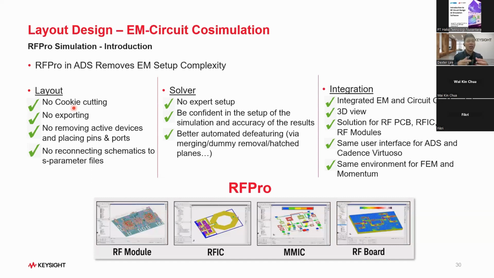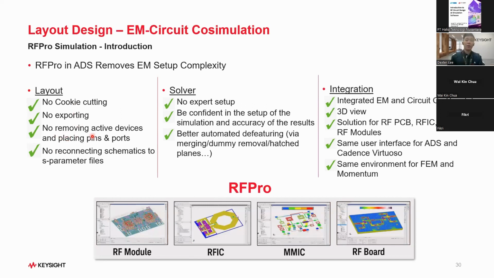So with RF Pro, you don't need to do cookie cutting, because RF Pro has specific nets analysis: you just have to specify what you want to simulate on your board, and in the background, RF Pro will do the automatic cookie cutting for you.